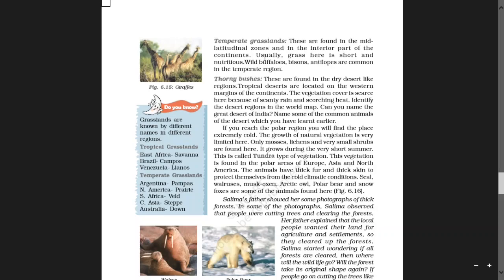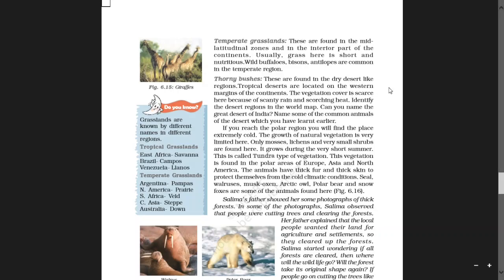Thorny bushes are found in the dry desert-like regions. Tropical deserts are located on the western margins of the continents.